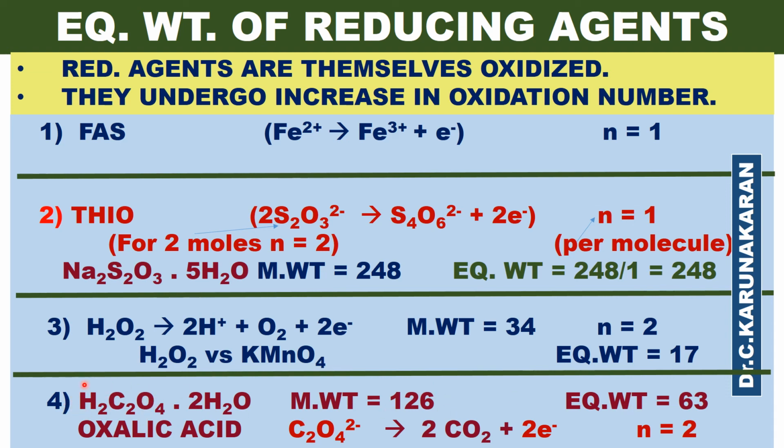Basicity is the number of ionizable protons. It can furnish 2 H plus, therefore 126 divided by 2.